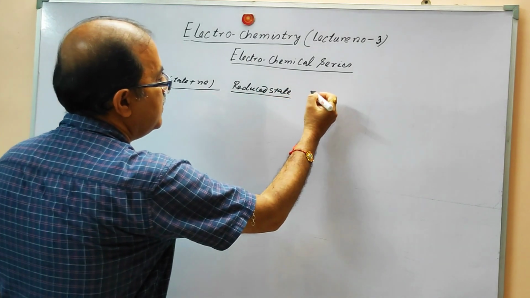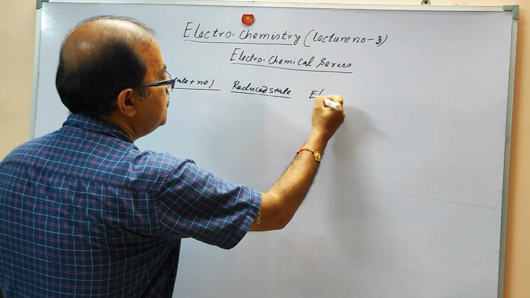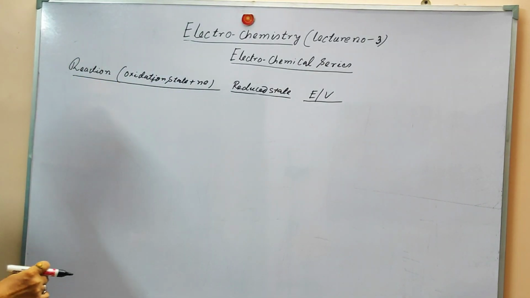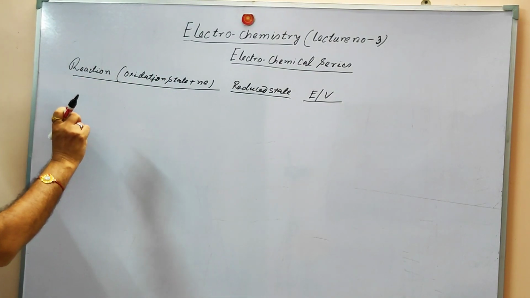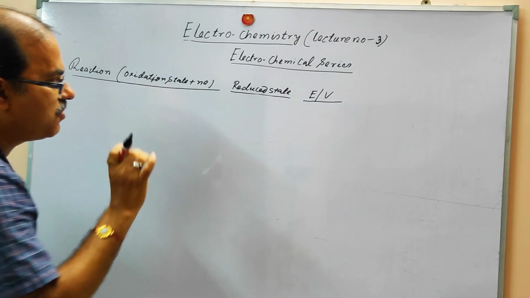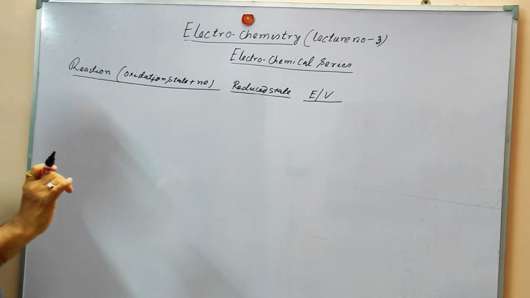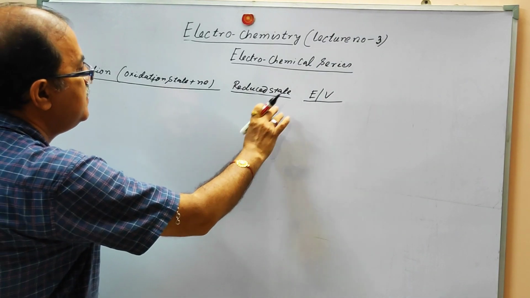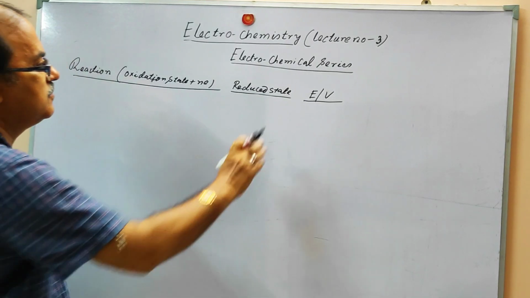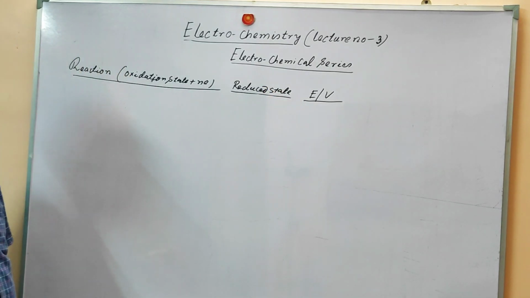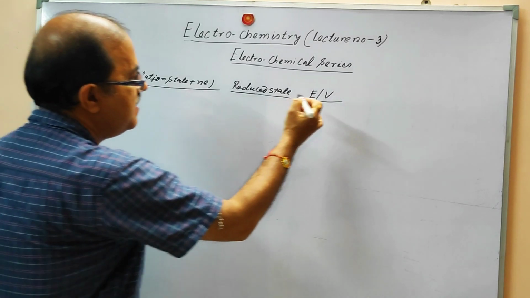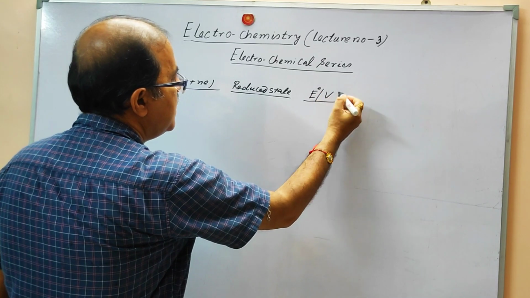And at the extreme right you have the electrode potential in volts. So the reaction is the oxidized state plus the number of electrons, which depends on the type of reaction, giving the reduced state, and on the extreme right-hand side you can see the electrode potential, represented in volts, and it is the standard electrode potential.